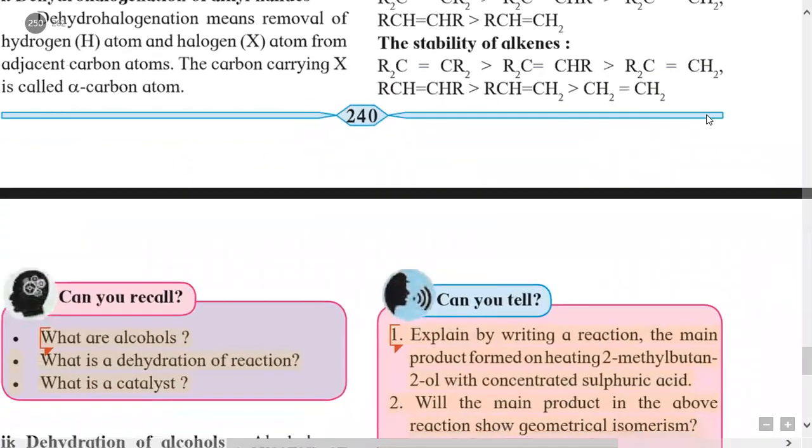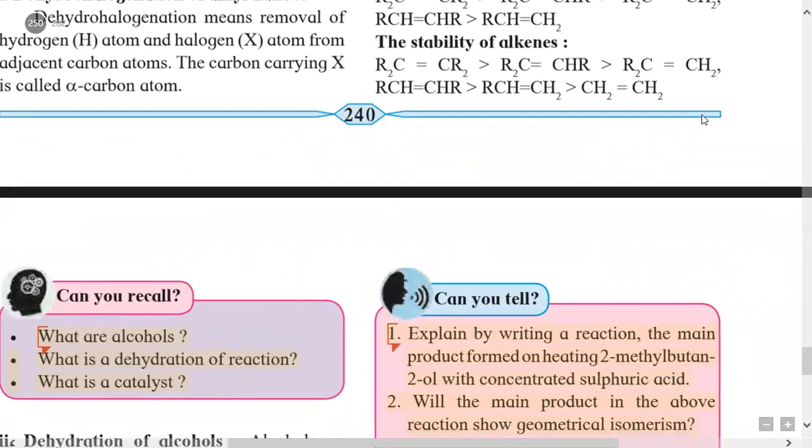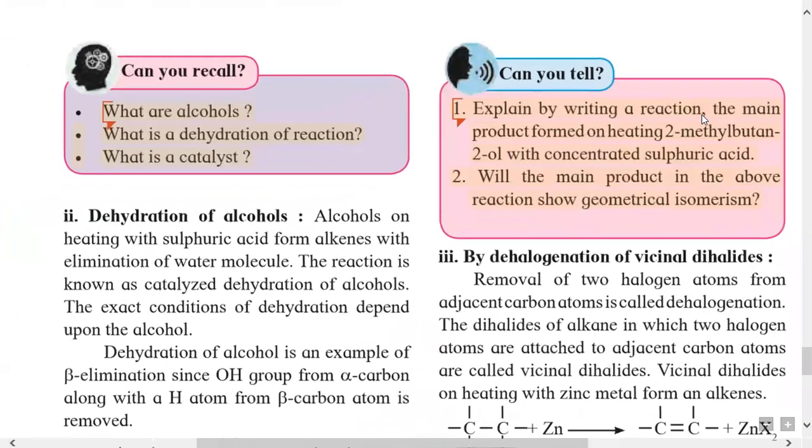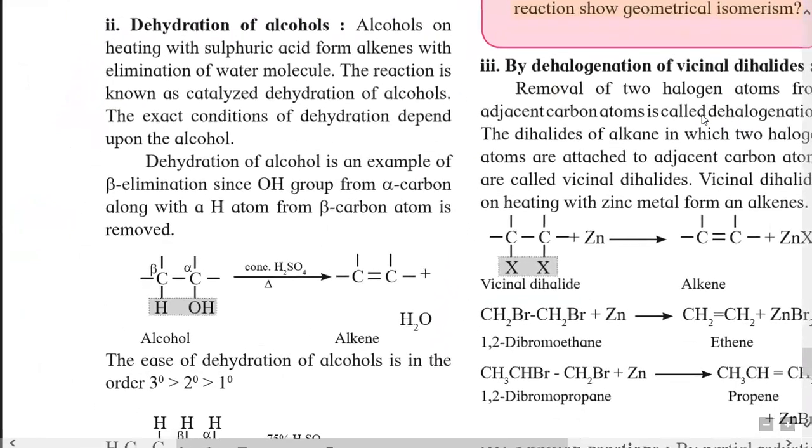So this is the order of stability of alkenes, and that is the first method for the preparation of alkenes, which comes under elimination type of reaction.